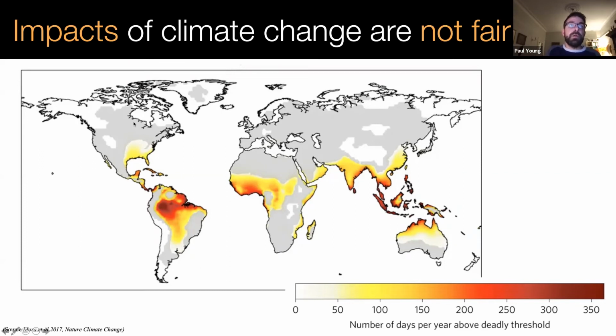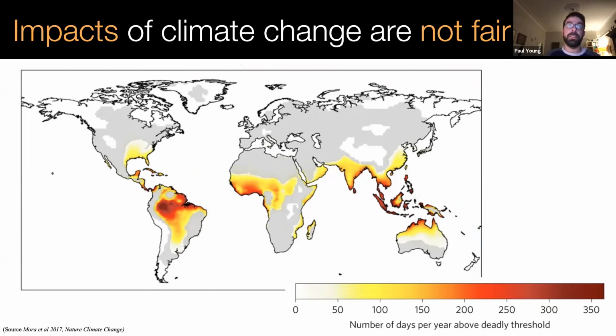We can use our computer simulations, our very detailed models, to make some estimates of what we think heat waves might be like in the future and how they'll be different over different regions of the world. This map shows the number of days of very deadly heat, heat that is a threat to life, that we would expect from this world, about 2.5 to 3 degrees warmer than Victorian times. The impact is really concentrated around the tropics, in the developing world, where people are not only less responsible for the emissions that cause this climate change, but also more vulnerable.